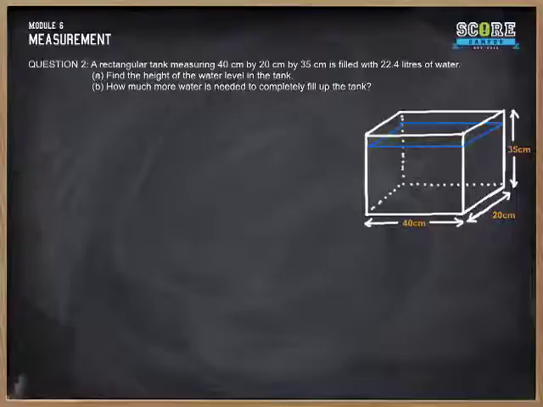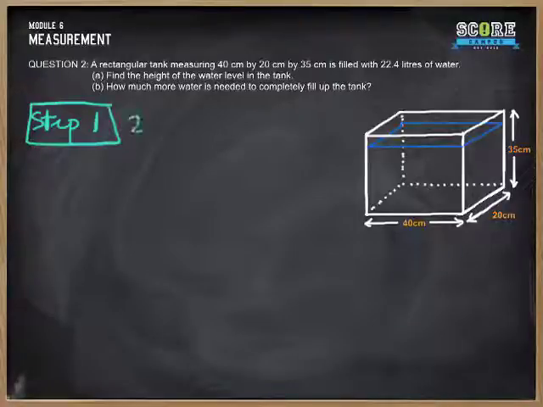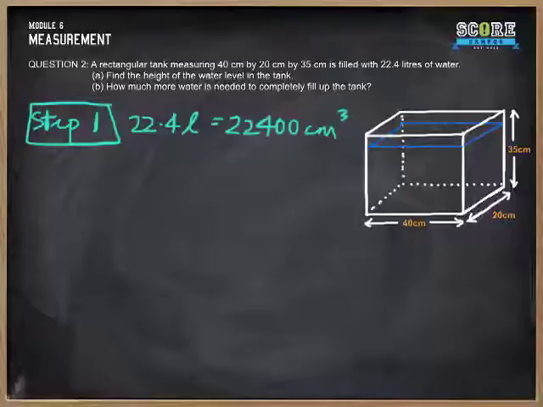First, let's convert the volume of water into cubic centimeters. How do you do that? You take 22.4 liters, multiply it by 1,000, and you get 22,400 cm cube. Why do you do this? Because as you can see, all your units are in cm: 40 cm, 20 cm, 35 cm. So by converting this, you really make your life a lot easier.